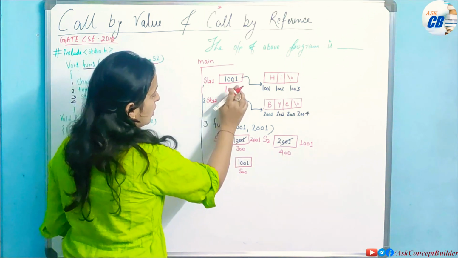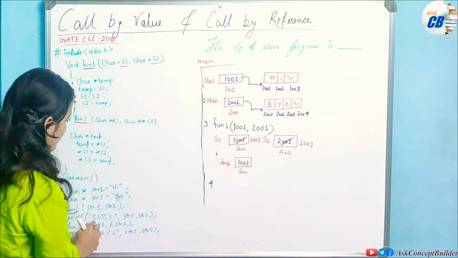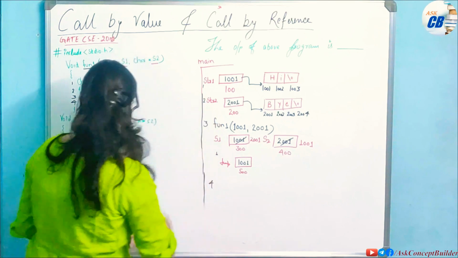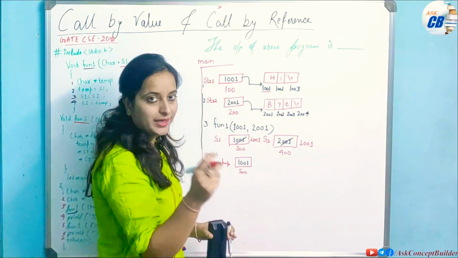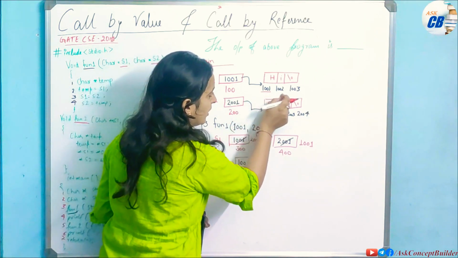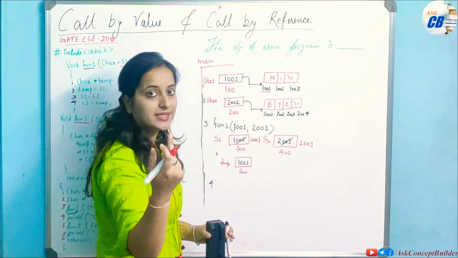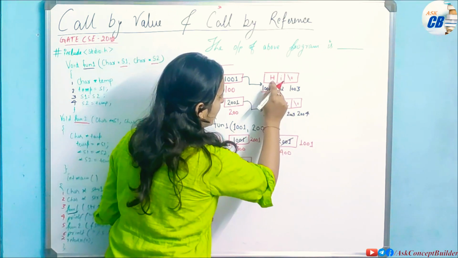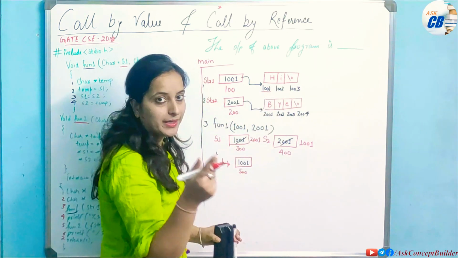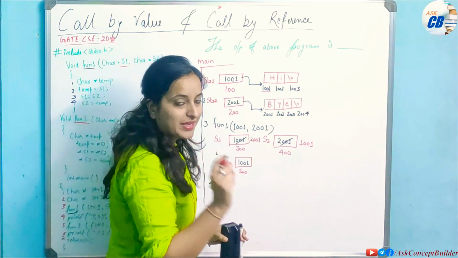Now what does it mean: printf percentage s str1, so str1 value is your 1001, so it means that you have to print the value from 1001 until the point where it gets the null value. So it will start printing from here 1001, so the value is hi, and it has to stop at the point where your null character is there.